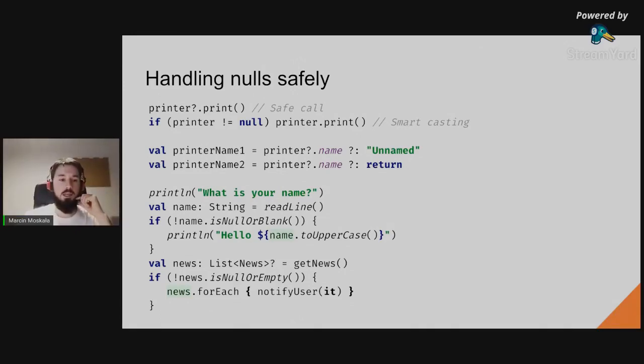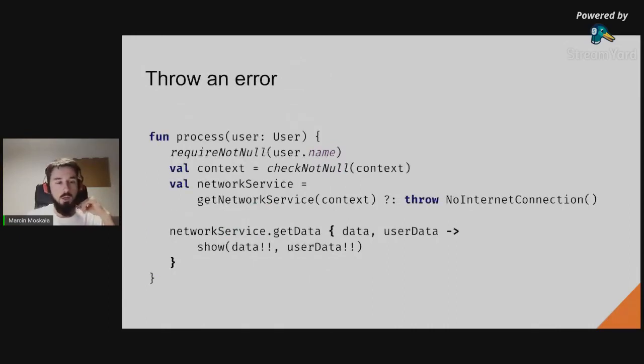And in most cases, I encourage you to do that. You can also use the elvis operator and, for instance, return or do something else to handle that a bit better. So yeah, this is an example of require not null and check not null to give stronger expectations.